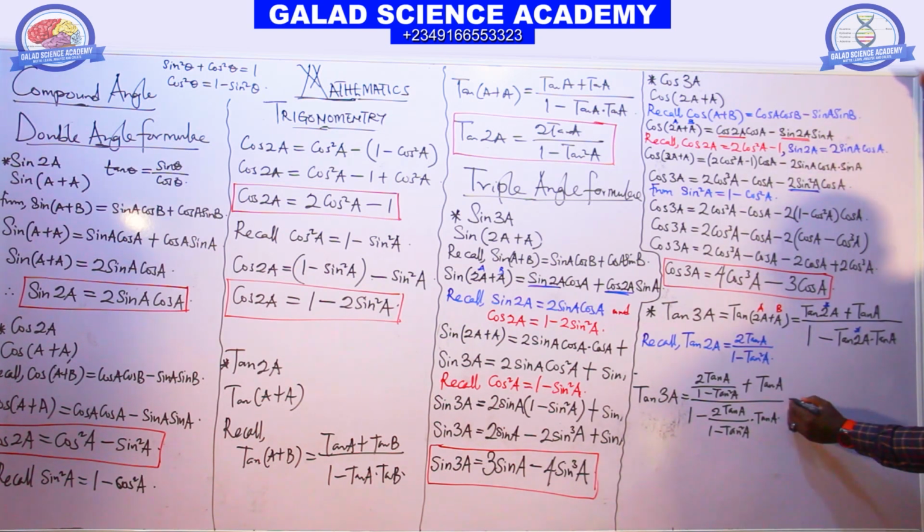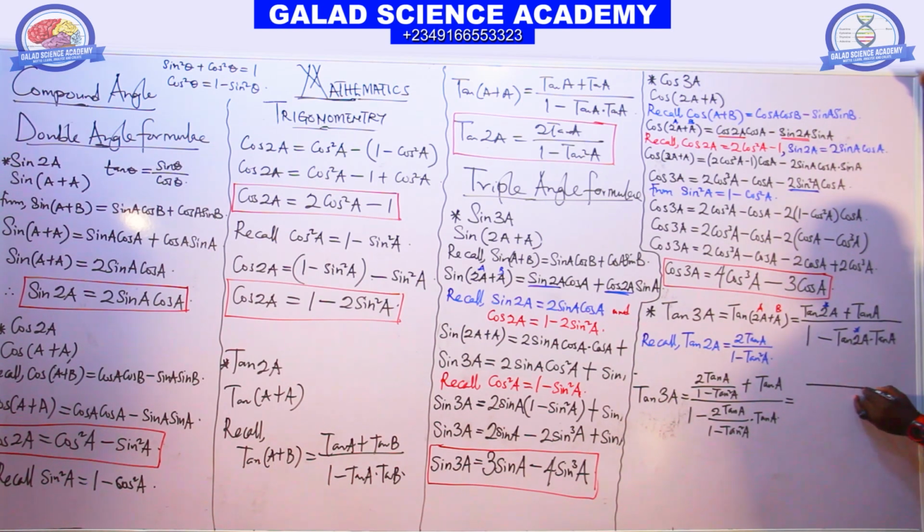What are we doing now here? We need to apply simple fractions here. We will find the LCM of this expression. By finding the LCM, this will multiply this. It will give us 1 minus tan square A. Good.